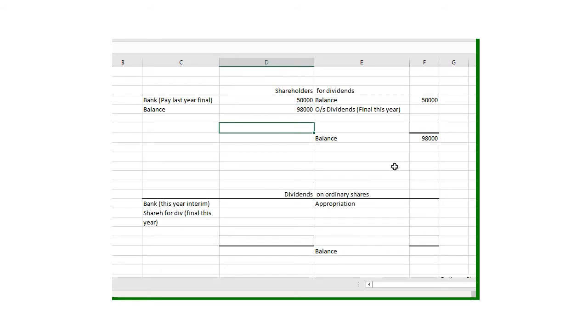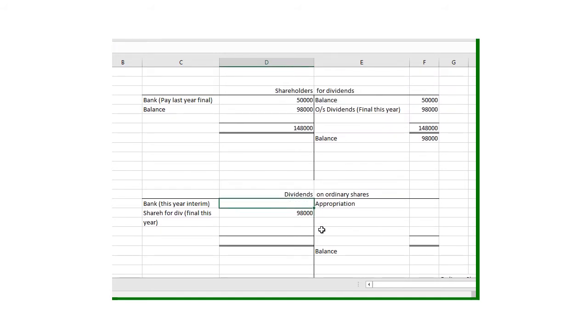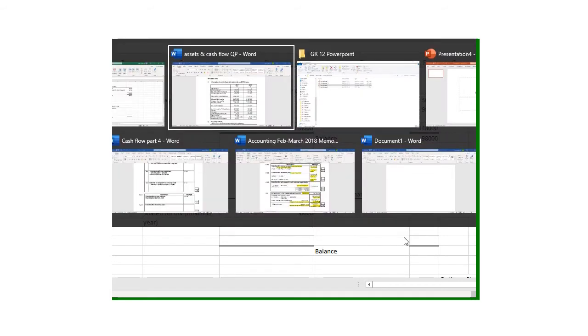I can also work it out. Add that side, it's 148,000, which means this side must also be 148,000, which means that difference is 98,000, which must go to dividends on ordinary shares. So what did I pay so far? That 50,000. The other amount that I paid would be the interim for this year, which goes to dividends on ordinary shares.